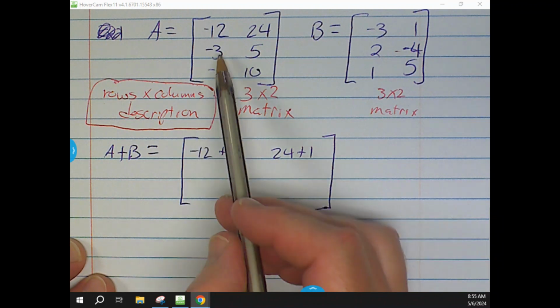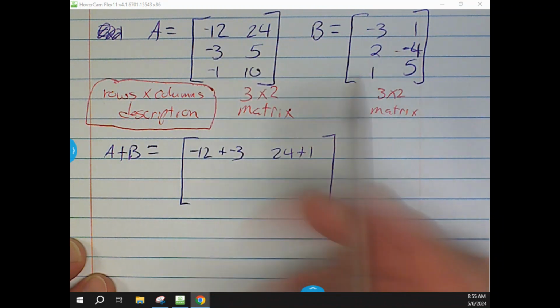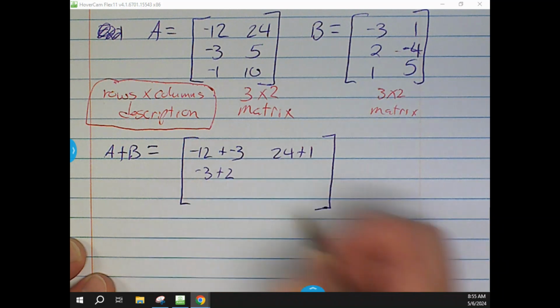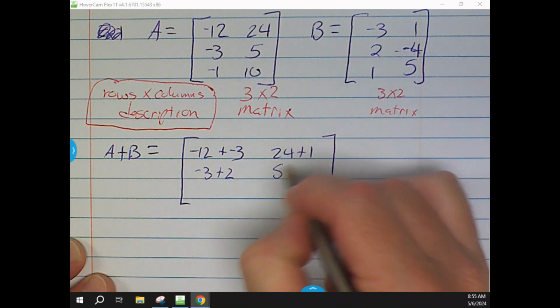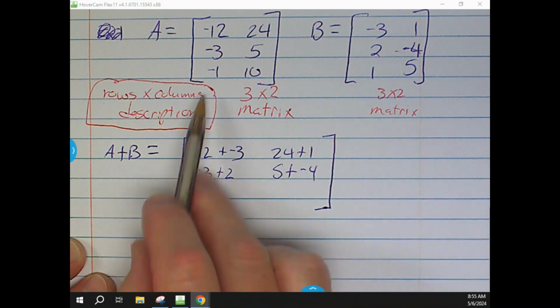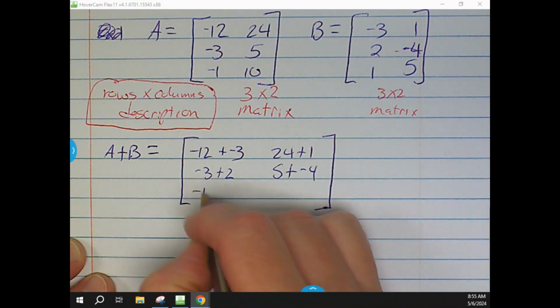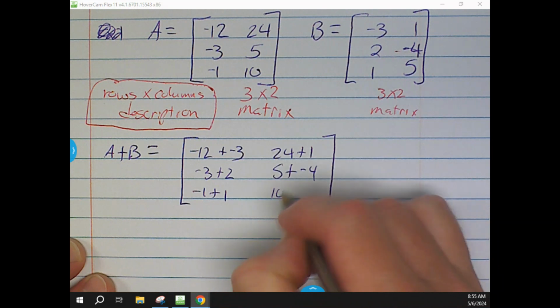Then the second row, first column, negative 3 plus 2, then 5 plus negative 4. So again, it's just taking the same location. Bottom left-hand corner here, bottom left-hand corner here, and then 10 plus 5.